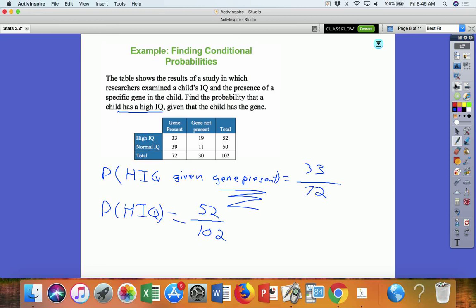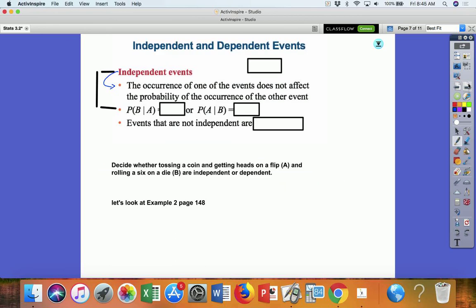So if I were to go back to this page, did this restriction affect the probability of this? Yeah, because they're different. Okay. So what would you say about these? Are these independent or not? Not independent. Okay. So we would call them dependent events. So events that are not independent are dependent.